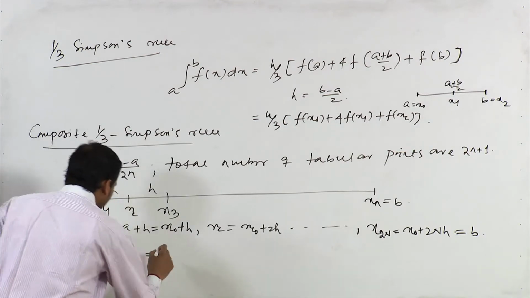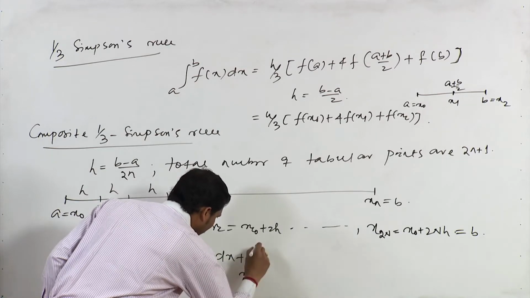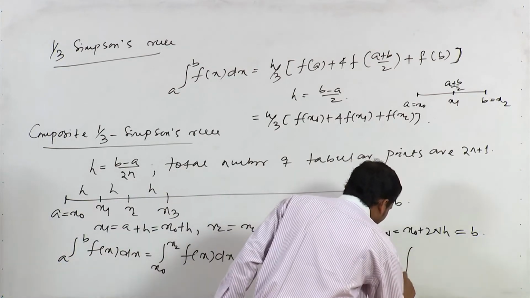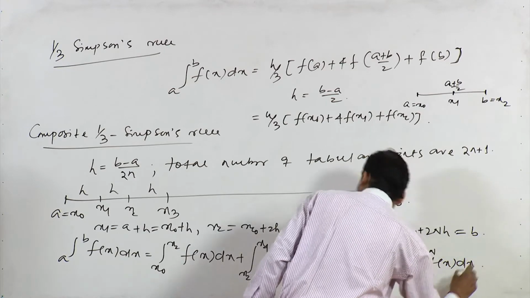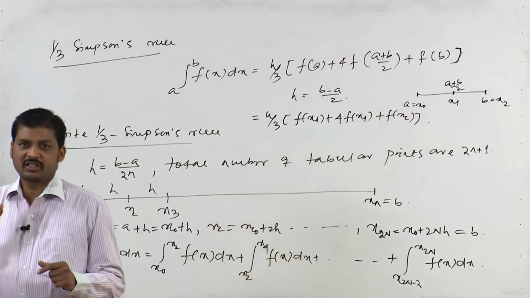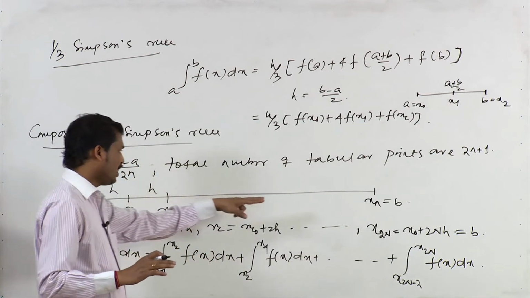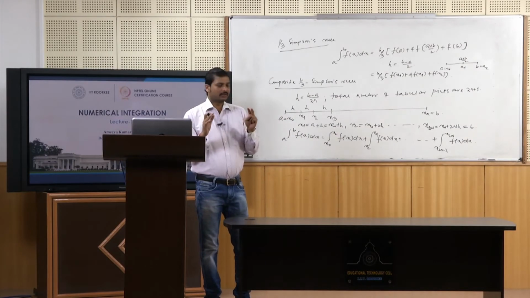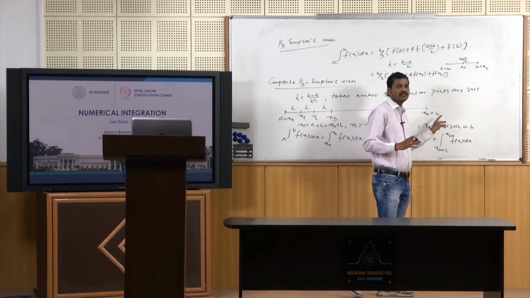Since we start from x0, it is the integral from x0 to x2 f of x dx plus the integral from x2 to x4 f of x dx, plus likewise the last one, from x of 2n minus 2 to x of 2n f of x dx. Sorry, we have to write the last one as x of 2n minus 2, since two points are required for each subinterval. If the points are written from x0 to xn, then xn can be replaced by x of 2n, so we are subdividing this domain into 2n parts. Since the starting interval is x0 to x2, then x2 to x4, the last interval goes from x of 2n minus 2 to x of 2n.